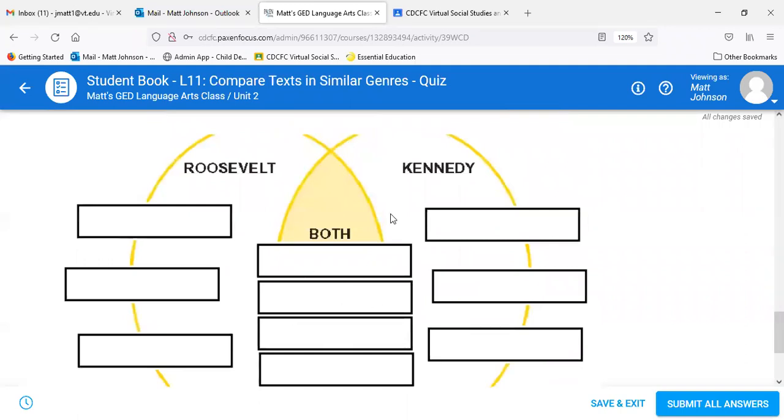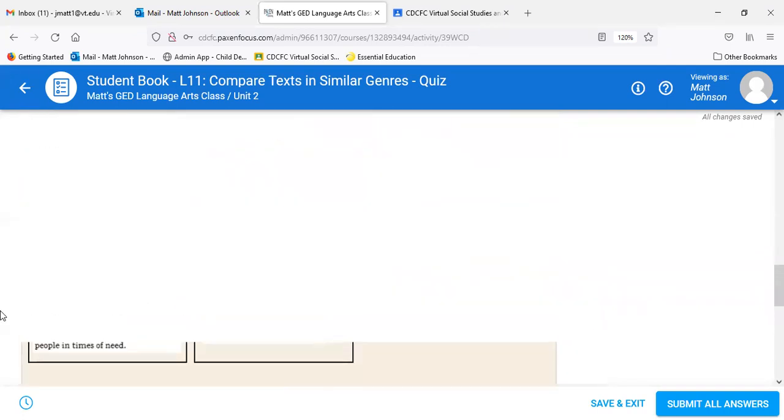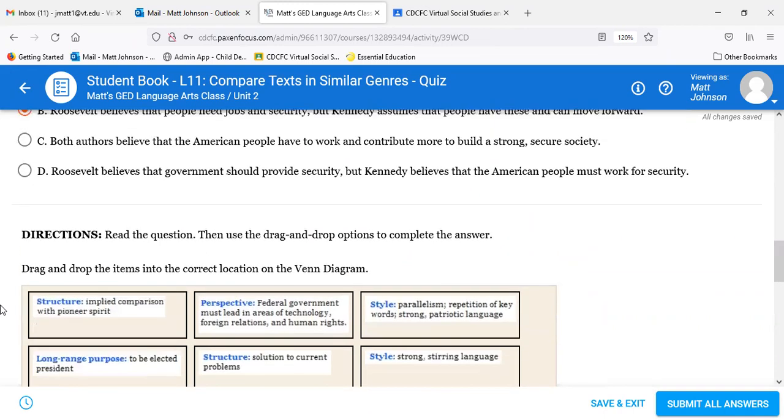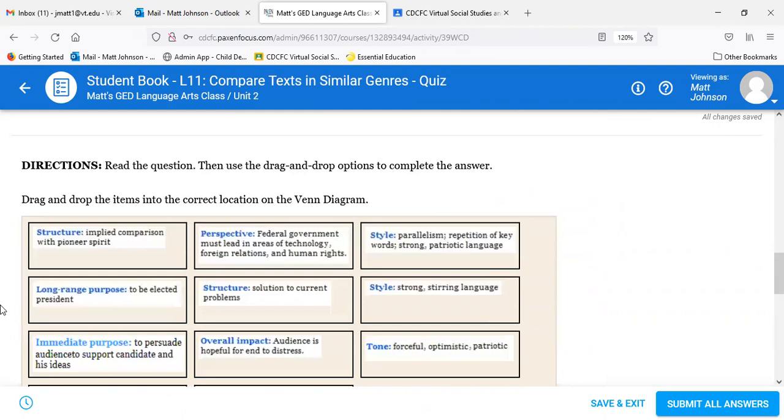And then what did they share, in the middle of that Venn diagram? What did they both have in common? The idea here is to drag and drop the items into the correct location. So let's read through each one and pick each one and slide it into the right place.